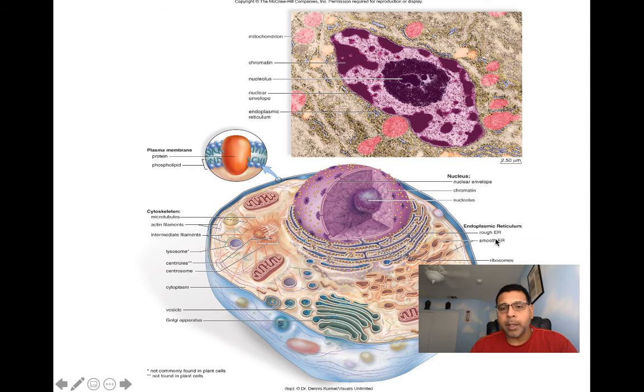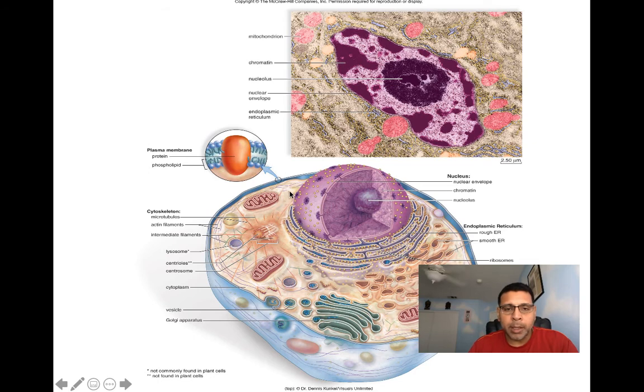Here you can actually appreciate those various structures: the plasma membrane right on the outside, nucleus, nucleoli, rough endoplasmic reticulum, smooth endoplasmic reticulum, Golgi apparatus, mitochondria, lysosomes, peroxisomes, polyribosomes, and vesicles.